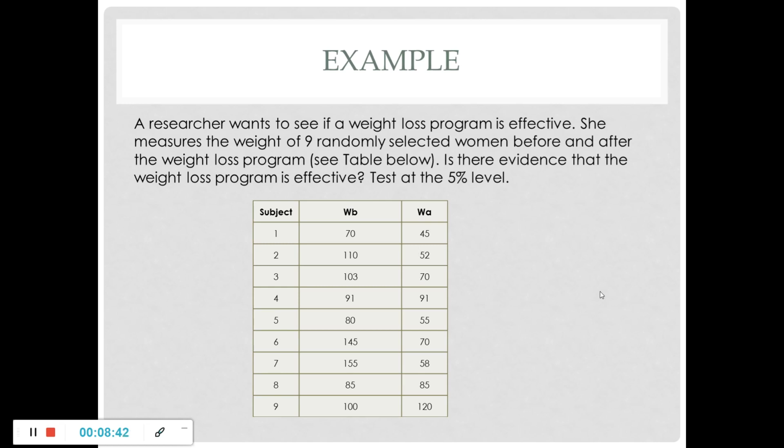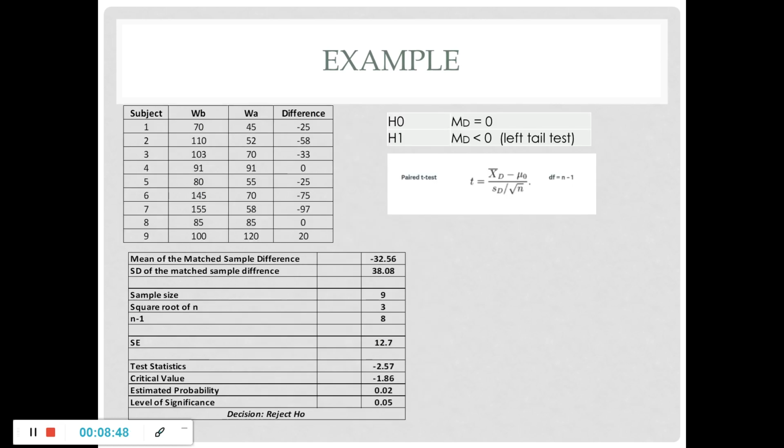So I will show you how to do a paired t-test manually. So once you get this table, the next step, of course, if you go by the procedure, the first step is of course to specify the null and alternative hypothesis, right?